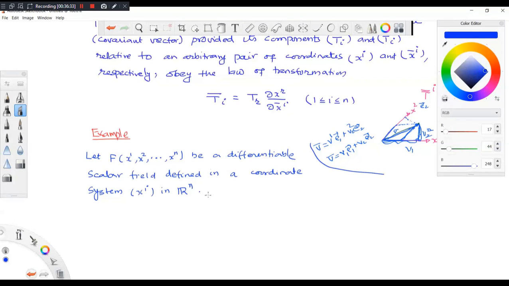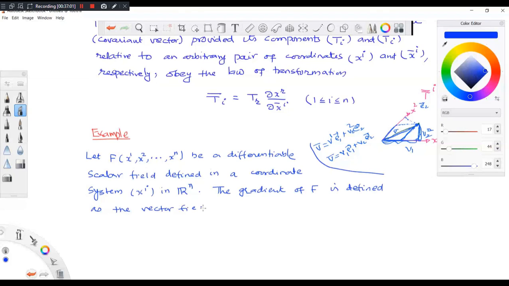Okay. Now, what is the gradient of f? You have studied the gradient in your third semester. The gradient of f is defined as a vector field.